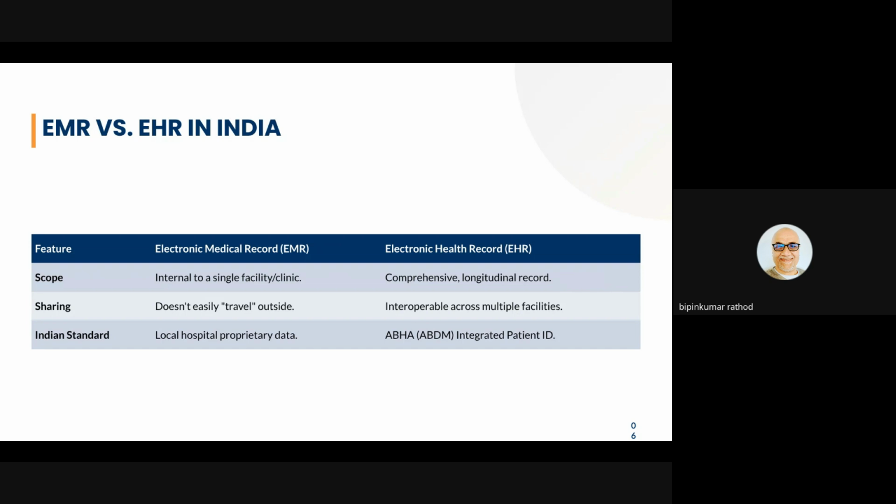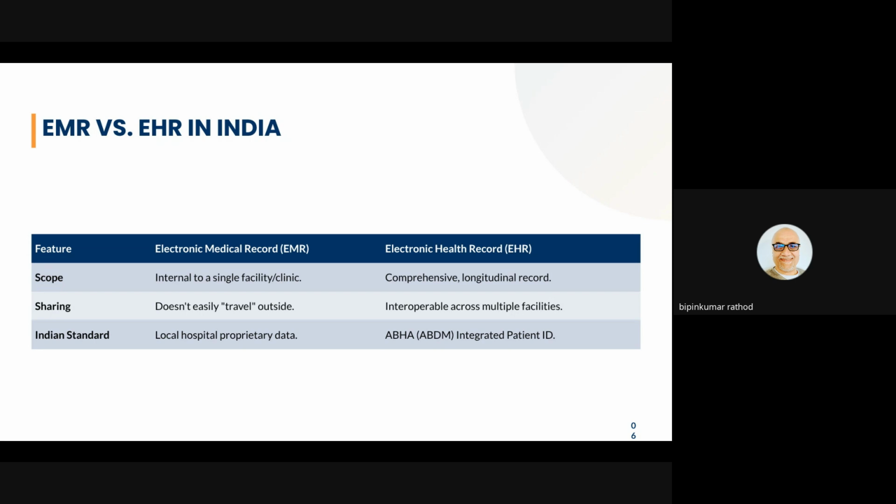Let's see Apollo, Max Healthcare, or Fortis Healthcare. They have 15 to 20 hospitals across India. But through the EHR, they are able to connect all those facilities across India. Let's say you visited Fortis in Delhi and you have a radiology and laboratory result pending there.